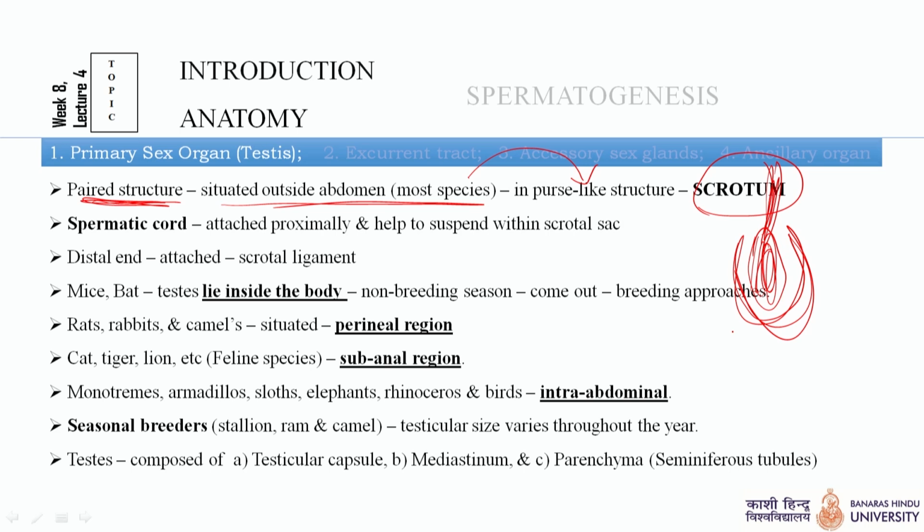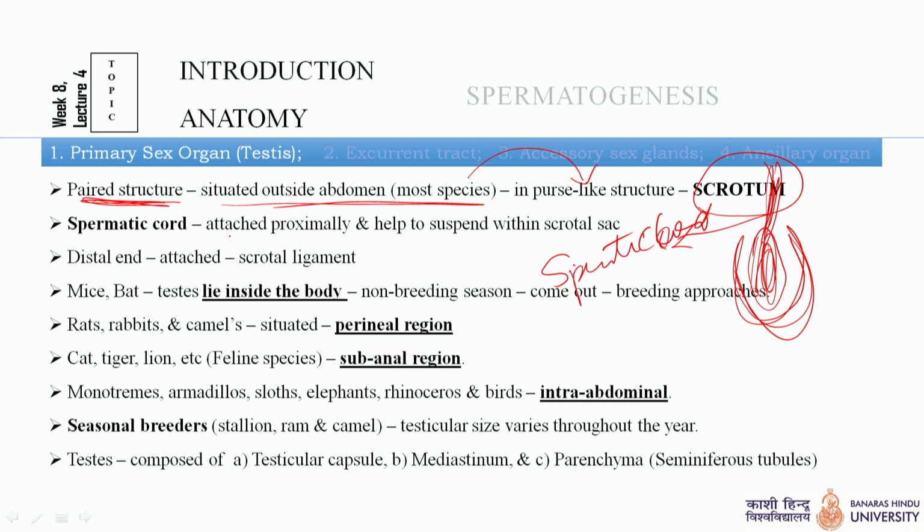Now this testis is hanging, or you can say suspended, within the scrotal sac with the help of a spermatic cord. Otherwise it would fall, but it is suspended in that sac with the help of the spermatic cord.